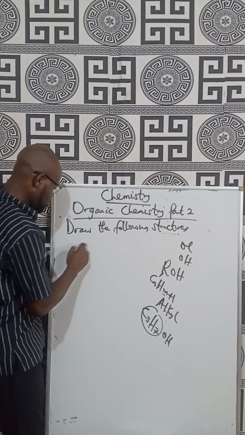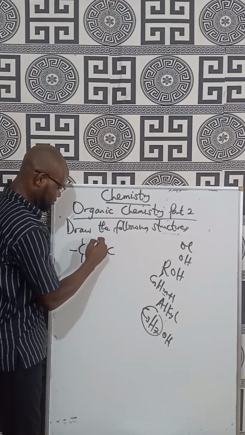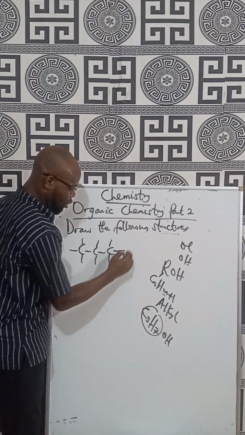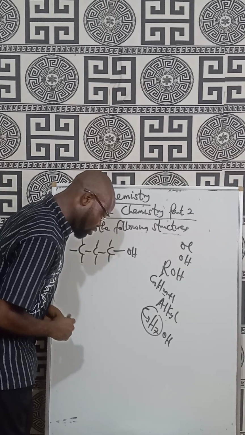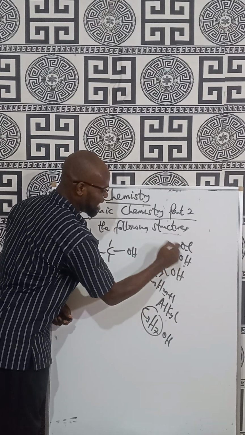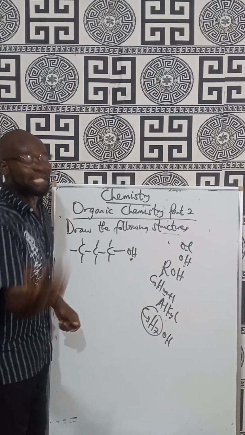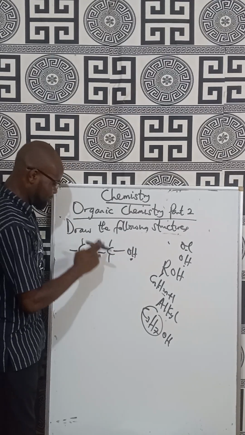So let's do that: C1, C2, C3. Don't forget, up and down, up and down. But here they say propane-1,2,3-triol. The tri means the OH is coming in 3 places: carbon number 1, carbon number 2, and carbon number 3.